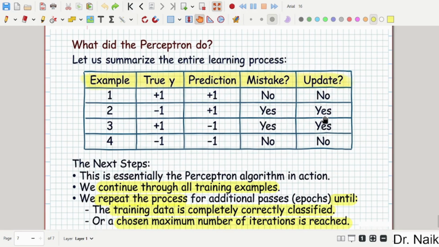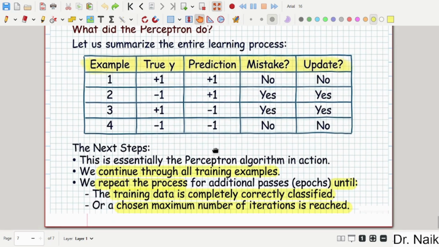Therefore the update is needed for both weight and bias. For the third example, the true label is +1 and the perceptron predicted -1, that means a mistake happens, so we need to update the weight and bias. For the fourth example, the true label is -1 and the perceptron predicted -1, so no mistake occurs, so no update needed.